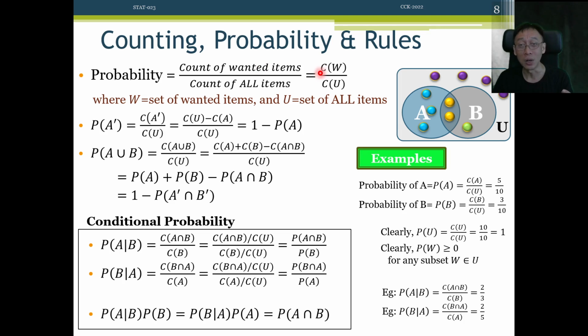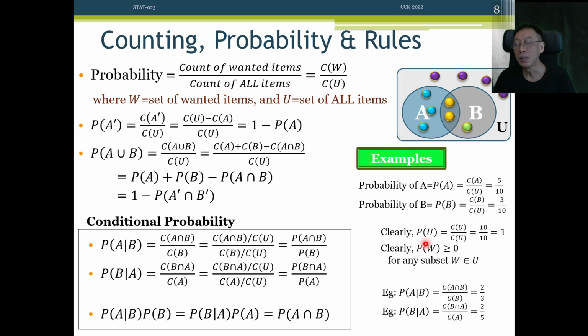So it's not C of W, but C of U, right? The universal set. Well, we will just do it mechanically, robotically, according to the formula. 10 balls on top, and bottom is by definition 10 balls, C of U, count of U. So that's one. That makes sense. What's the chance that I pick a ball and the ball is inside U, the whole box here? And that's for sure always the case.